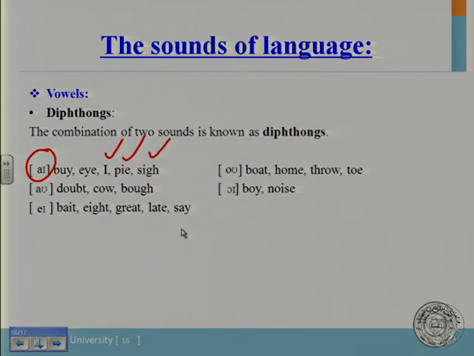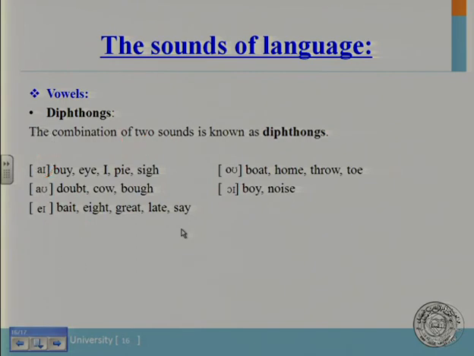One more example is "ow," as in cow, doubt. One more example is as in bait, ate, great, late, say.